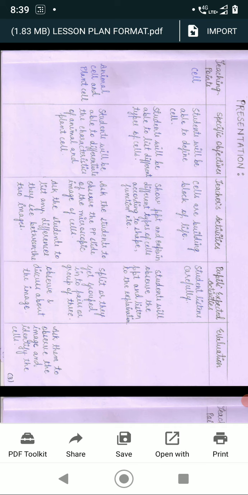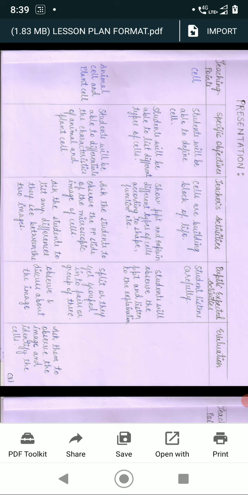If she is explaining the first point that cells are the building blocks of life, what she is expecting in the objective and what would be the students' or pupils' activity, they are listening carefully or they're answering, this would be the assumption. This could be the thing or anything else could be there, but then we have to assume something and write accordingly. We can evaluate at any point.